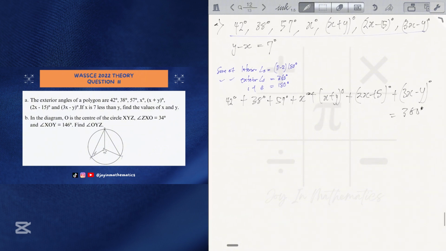So all we have to do now is simplify this. 42 plus 38 plus 57 plus 5, everything will be equal to 122 degrees.